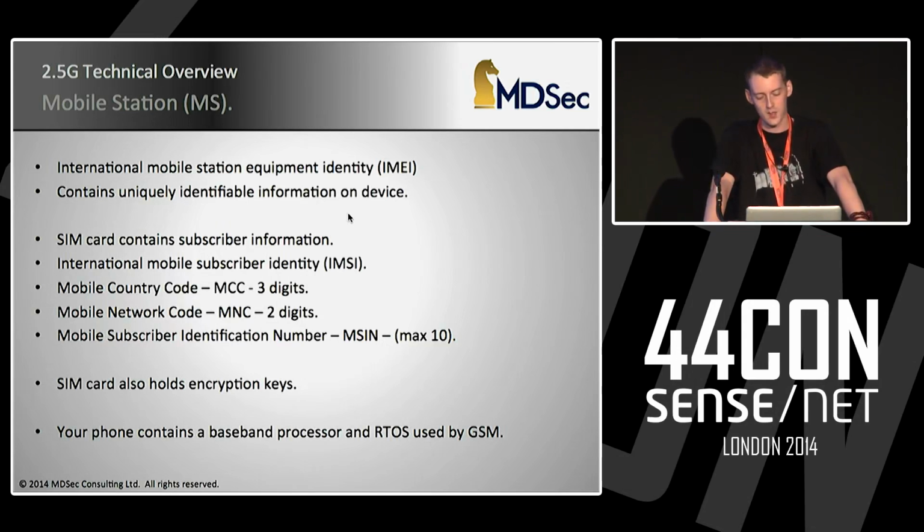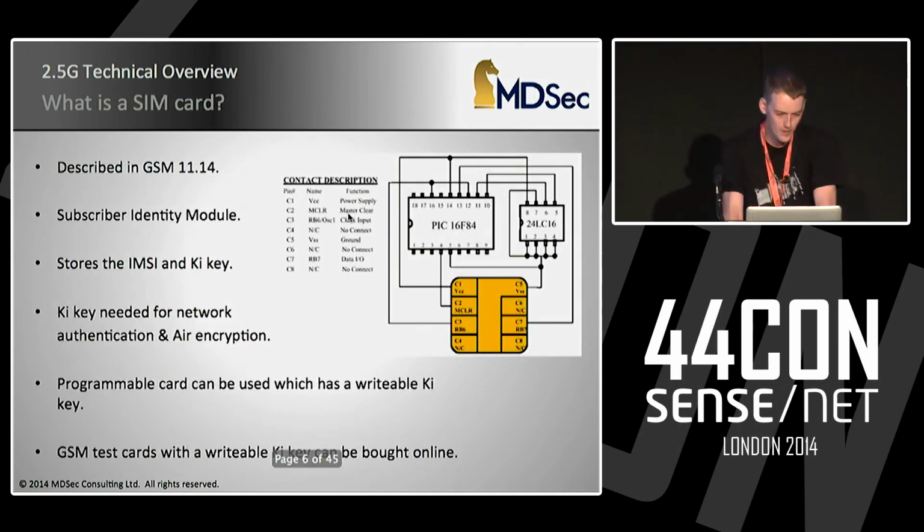And this starts with a mobile country code, which is 3 digits, a mobile network code, which is 2 digits, and then your mobile subscriber identification number, which can be up to 10 digits and is otherwise known as an MSIN. The SIM card also holds encryption keys, which are used for air encryption and authentication. And the phone itself contains a baseband processor and real-time operating system for use by GSM. And it's essentially just a radio device.